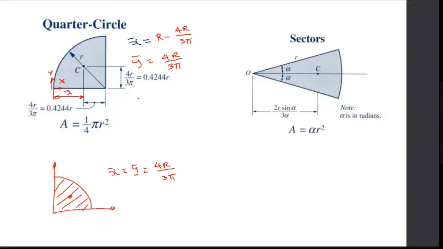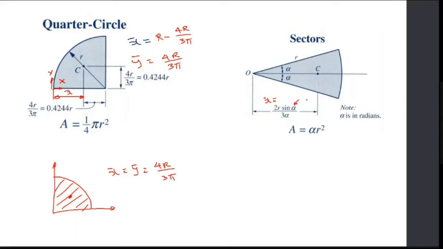Next, if I consider a sector of a circle, the area of the sector is alpha into r square, right? And for the centroidal location, x bar is 2r sine alpha divided by 3 alpha.